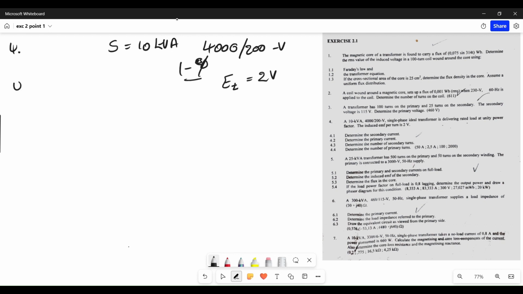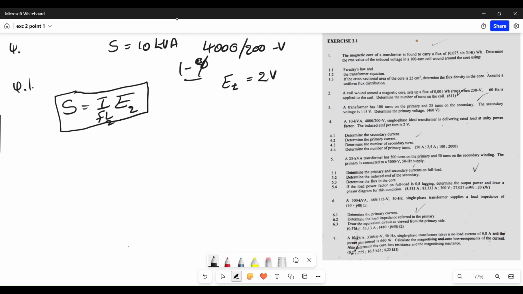So we can solve 4.1, determine the secondary current. I like another equation, which is S equals I times E. This is I full load 2, and this is E2.